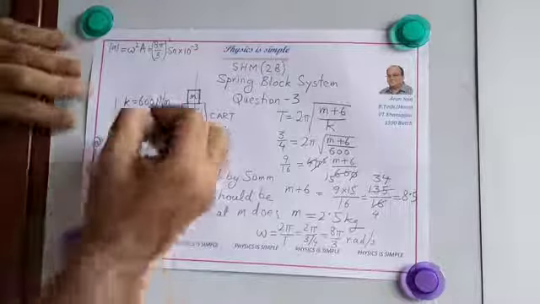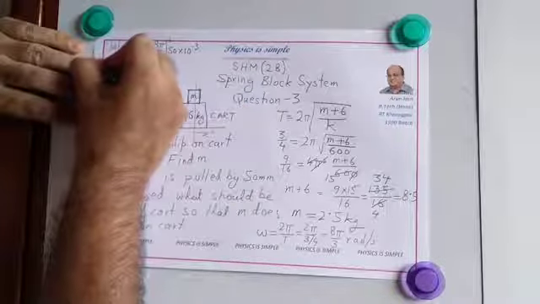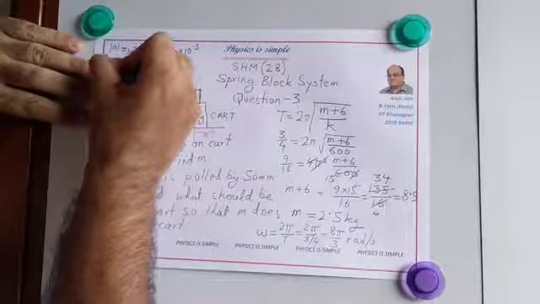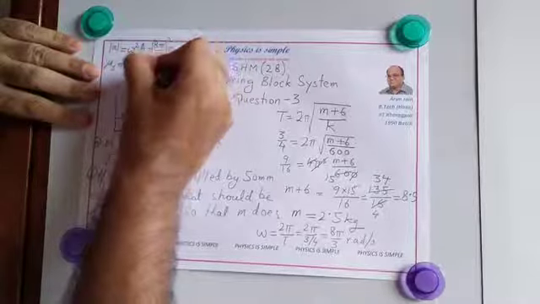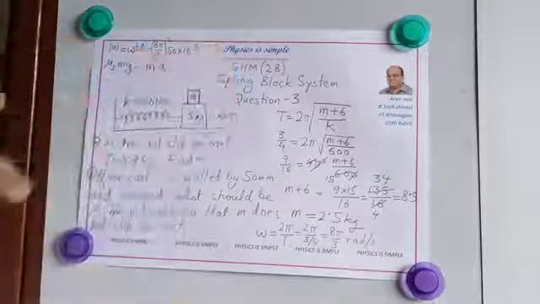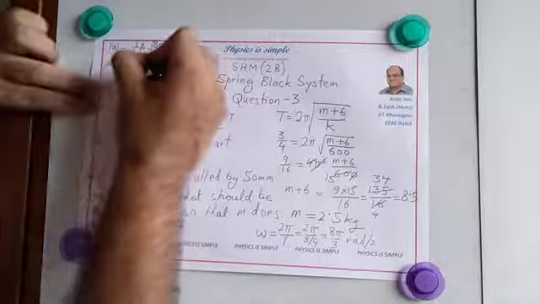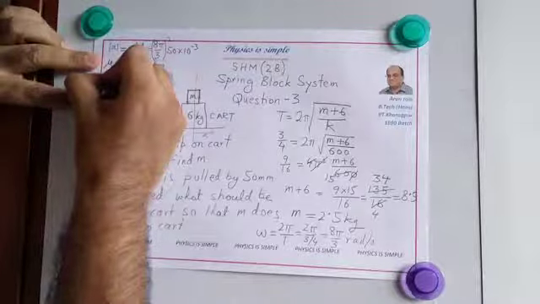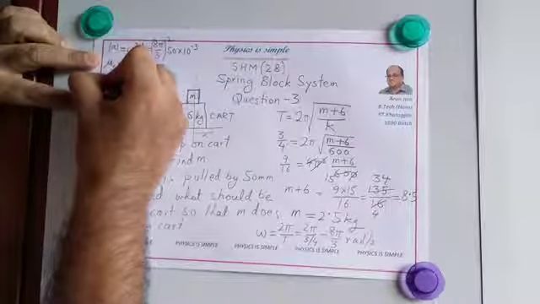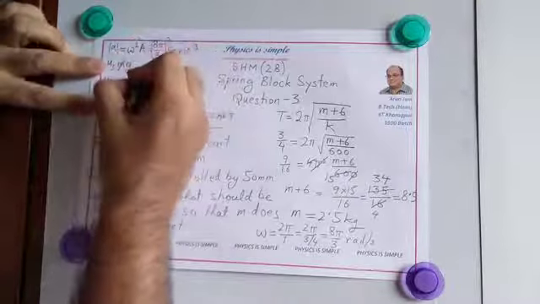So therefore, the frictional force mu s into mg must be equal to mass into the maximum acceleration that we have here. So this will give us mu s. So this m cancels. So mu s becomes a divided by g.